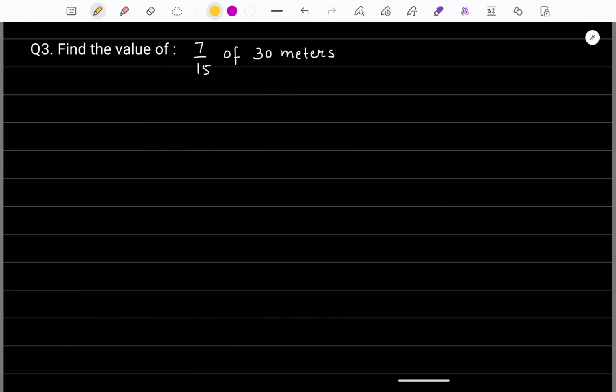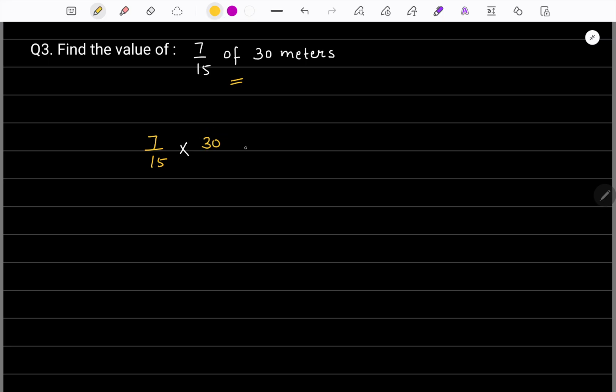Now let's move on to question 3. It says find the value of 7 by 15 of 30 meters. Now this is a question involving the word "of". Whenever we have such questions, as we talked about, we can write 7 by 15 and replace the "of" with the sign of multiplication and write 30.